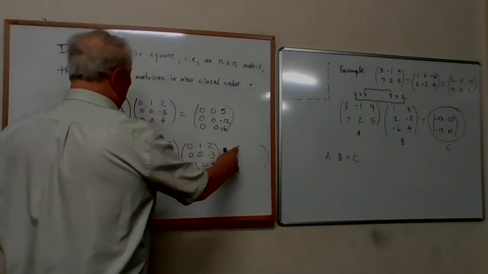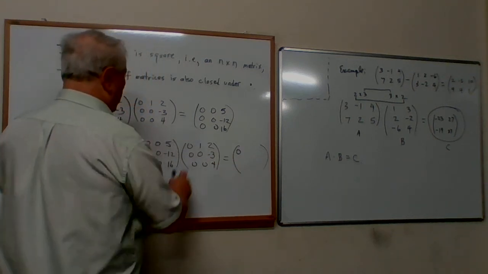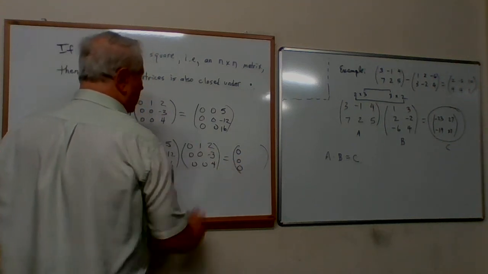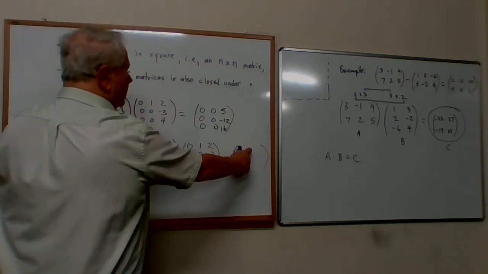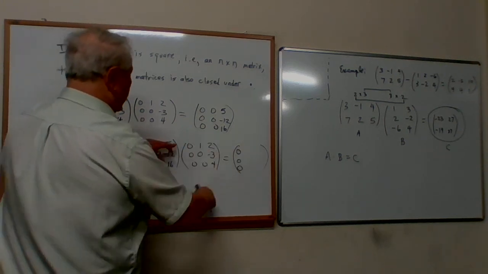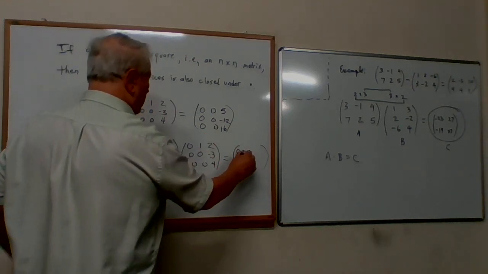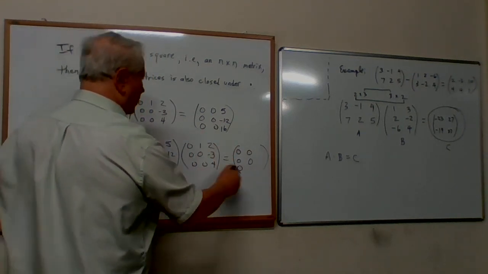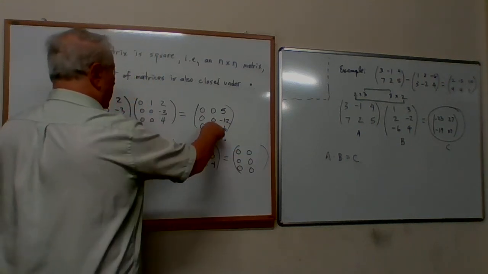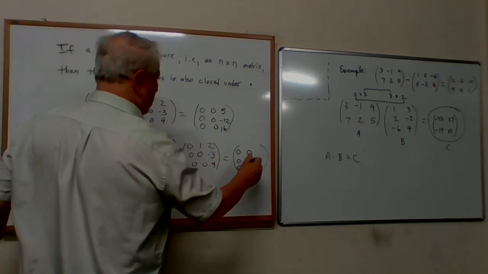So row 1, column 1, I go to row 1, column 1, and of course I get all zeros. For row 1, column 2, I go to row 1, column 2, and again I get all zeros. Then I go to row 1, column 3, and I get 0, 0, 20.